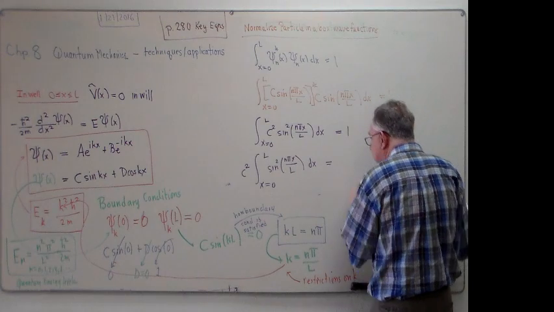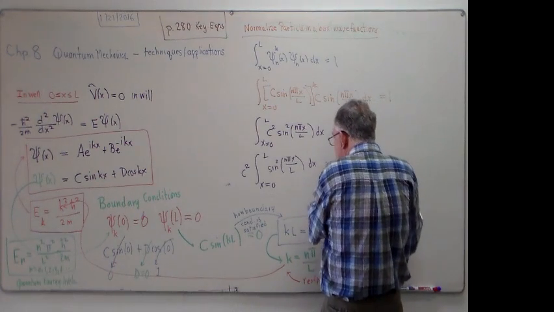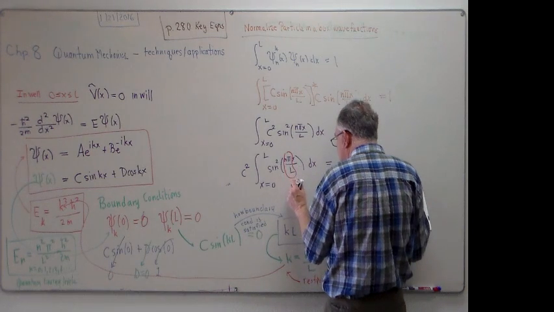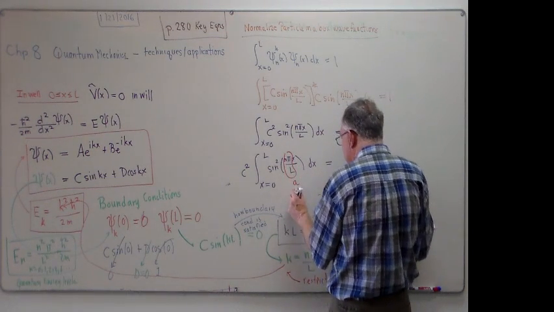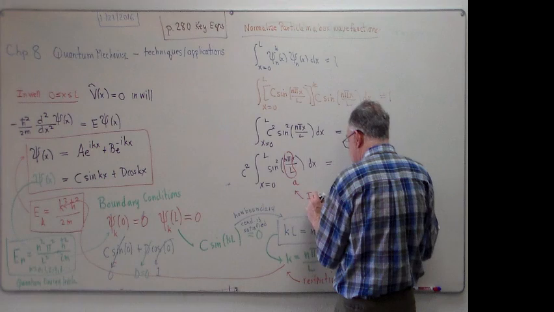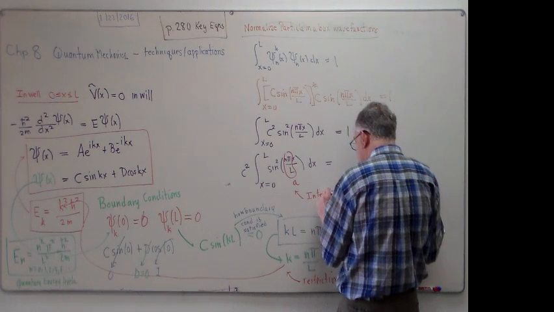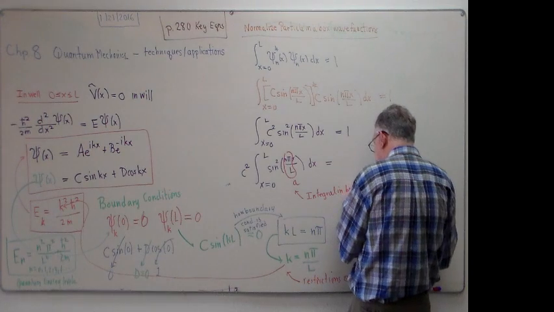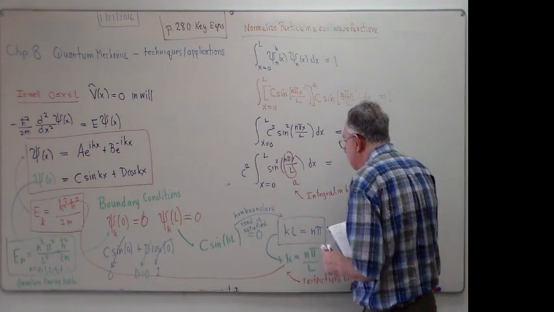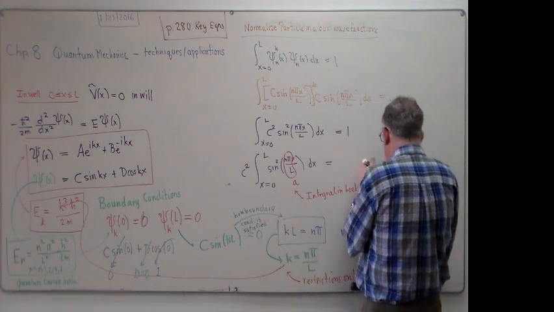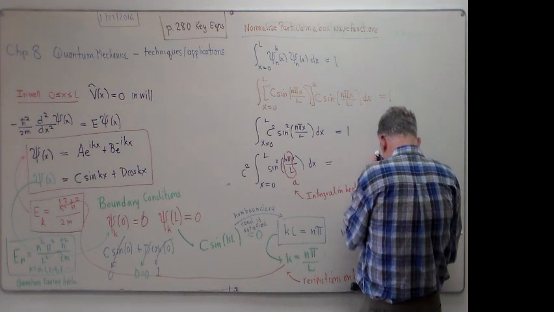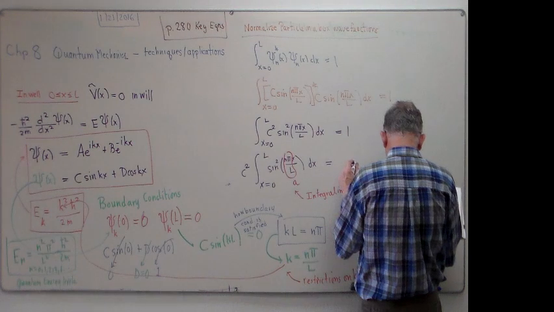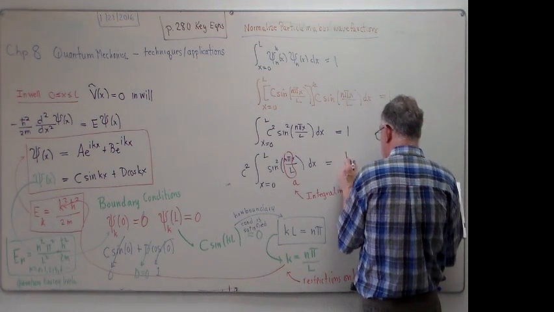So we learn from the integral in the front cover of the book that the quantity n pi over L is their a. Keeping to that definition, we'll put everything in and see what we get.